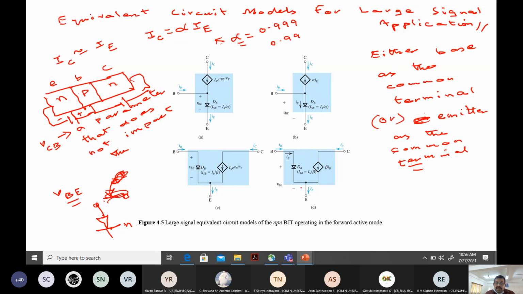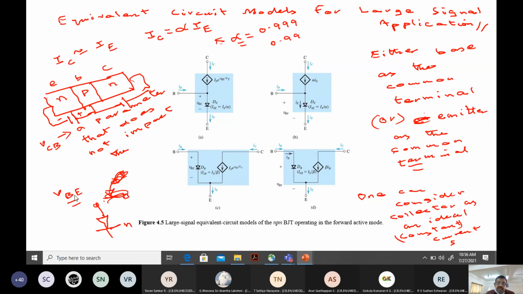Please remember, one can consider the collector as an ideal constant current source, because IC is independent of VCB.